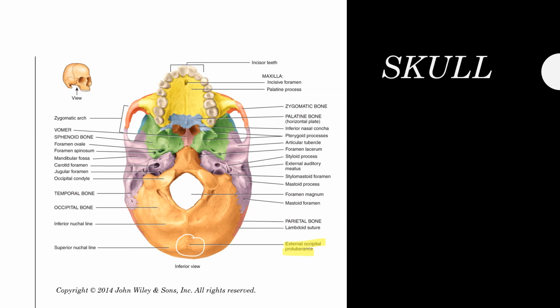A large fibrous elastic ligament, the ligamentum nuchae, extends from the external occipital protuberance to the 7th cervical vertebrae, and this helps to support your head. So we have this ligamentum nuchae.